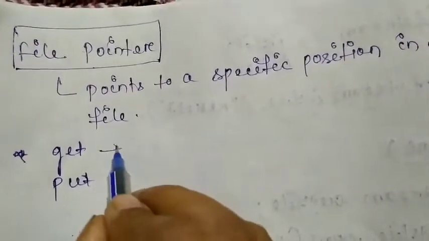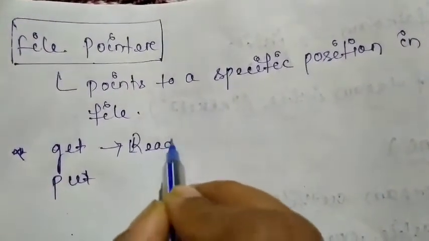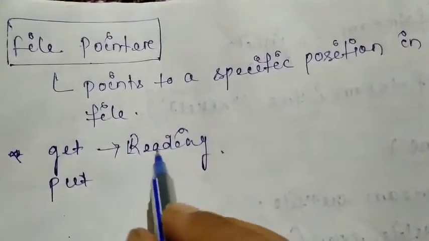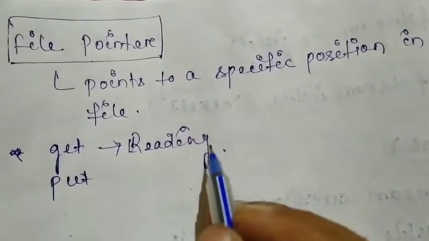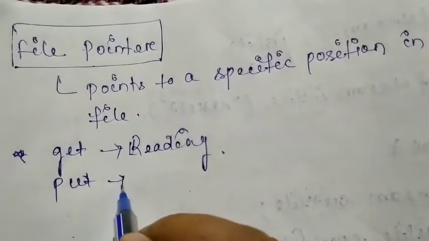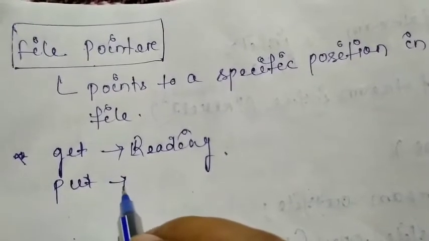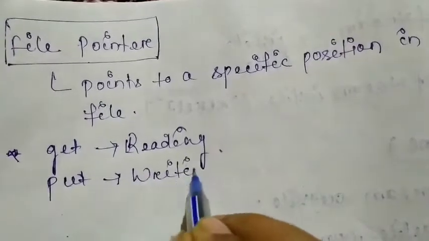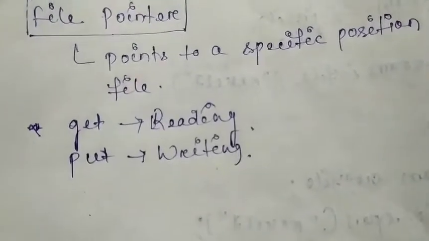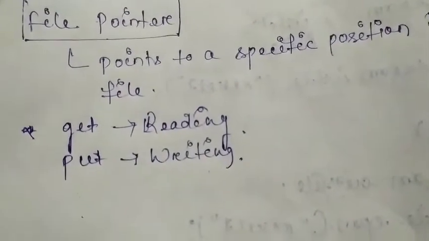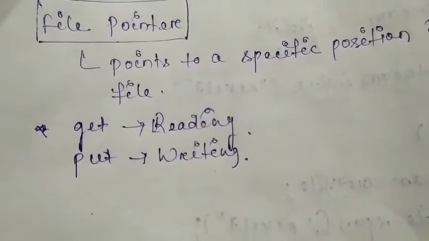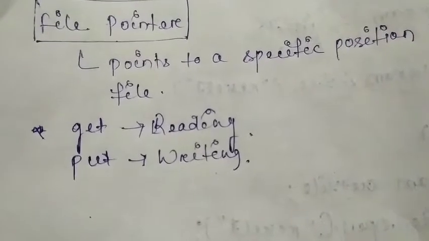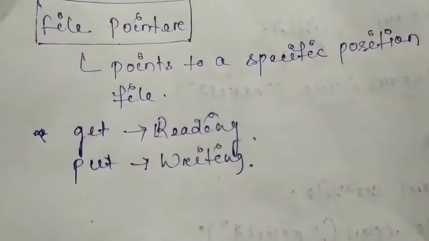The get pointer is used basically for reading purposes, that is, getting the data from the file. And put means you have to put some data in the file, that means writing. You have to store, means writing. You have to get something from somewhere, means you have to read it. So basically we are using two pointers, one is the get pointer and another one is the put pointer.